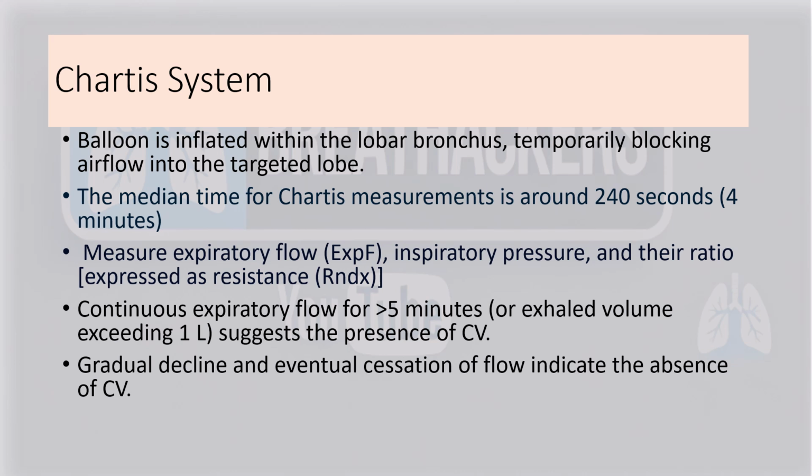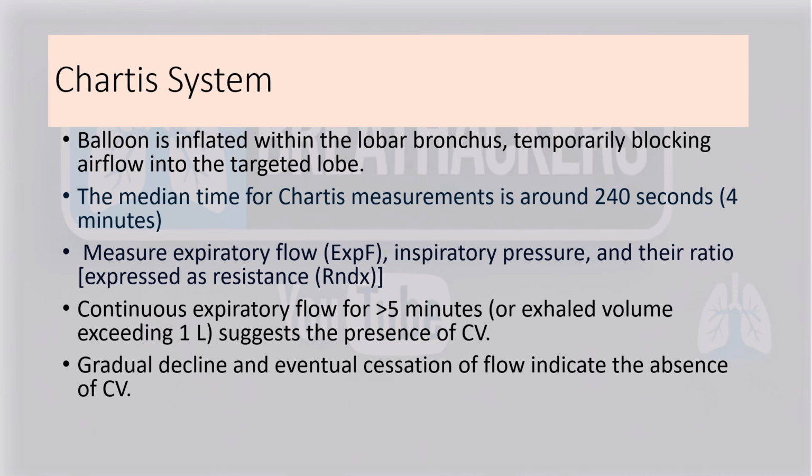So in the Chartis system, the balloon is inflated within the lobar bronchus, blocking the airflow into the targeted lobe. The median time for which the balloon is inflated is around 240 seconds. You can measure the expiratory flow, inspiratory pressure, and the ratio between the two, which is called resistance.